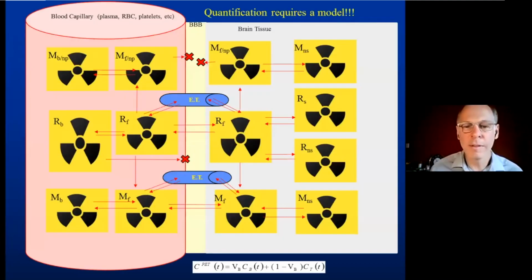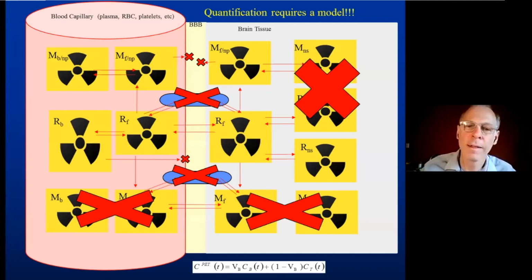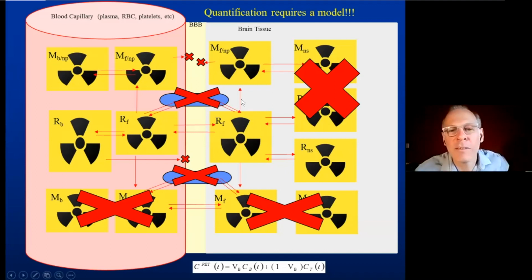I will show now how the model is for an irreversible radioligand, which will allow me to expand a little on the conclusions. When we have a nice irreversible radioligand, what we ask is that the radioligand is metabolized inside the brain tissue, and once it is metabolized it gets trapped inside the brain tissue, and the radioactivity cannot return into the blood.